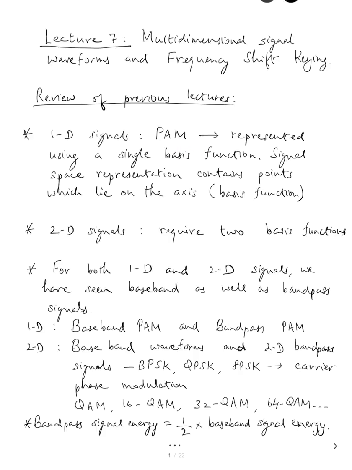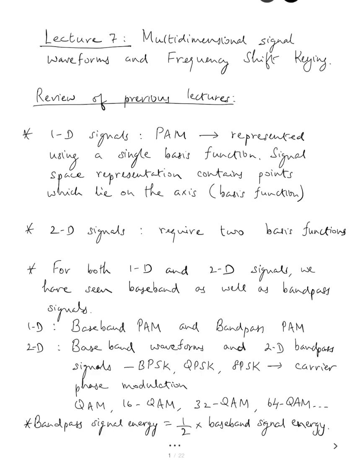PAM signals being one-dimensional, they are represented using a single basis function, and that means they are represented on a line. So all the signals in the signal space representation are points which lie on the axis, which is nothing but the basis function that represents that particular axis.